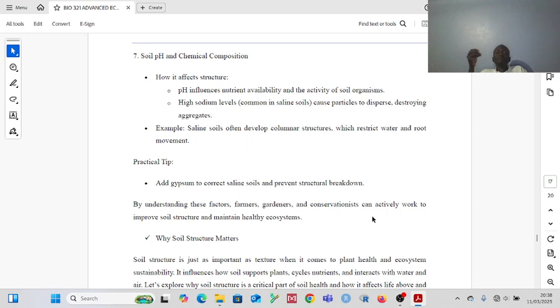So only some organisms might be able to survive, but not all. Then as we saw, organisms are important in soil texture. So pH largely impacts soil texture by restricting the type of soil organisms that are present.